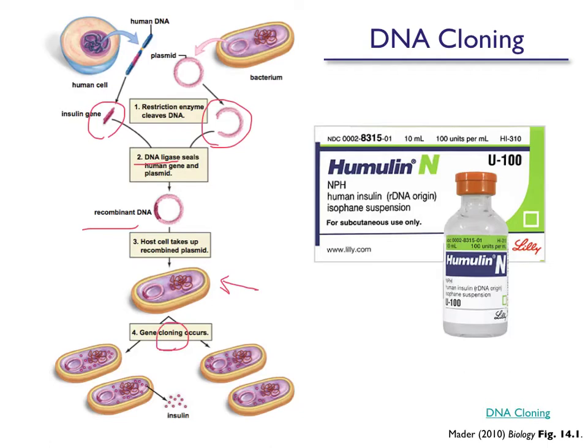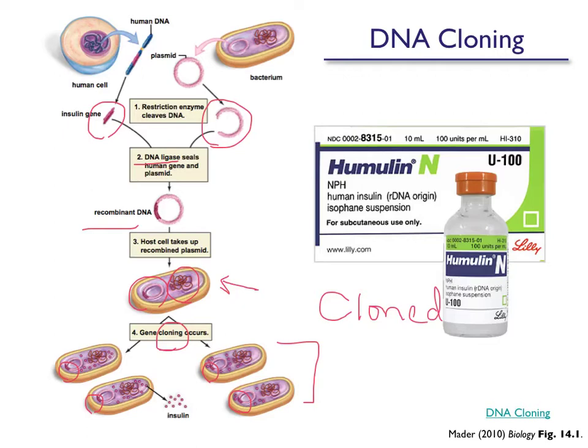Every time a bacterial cell divides, remember it has to make a copy of its DNA. It makes a copy of its genomic DNA, and it also makes a copy of the plasmid DNA. So here what we see is the cell has divided twice, and every time you see that little purple piece of DNA, this gene has been cloned because we've made exact copies of that gene in new cells.